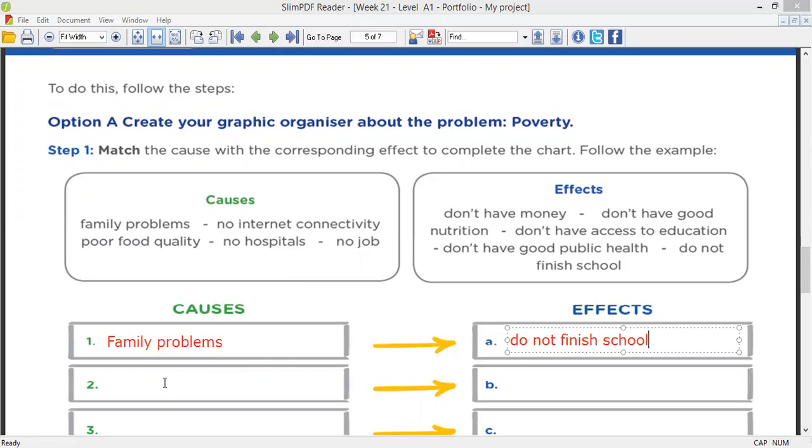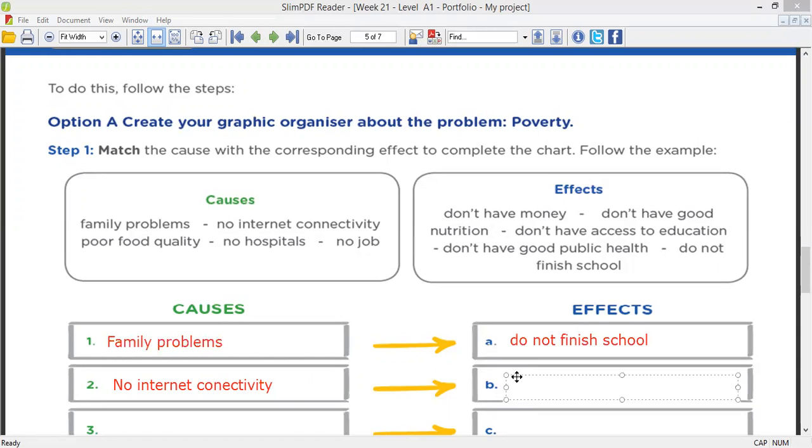What about no internet connectivity? This is a cause. Maybe the effect is don't have access to education.